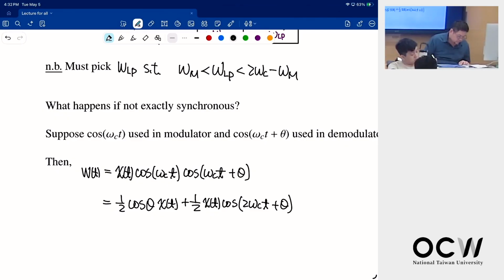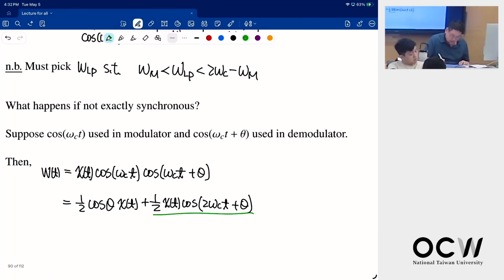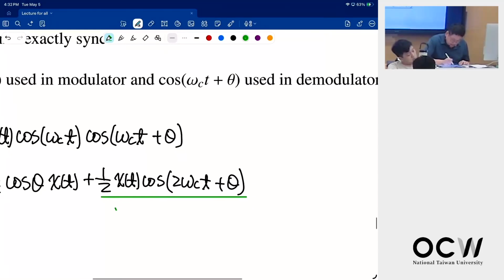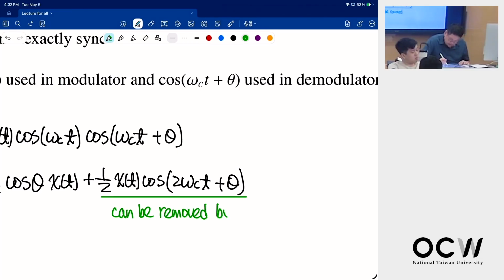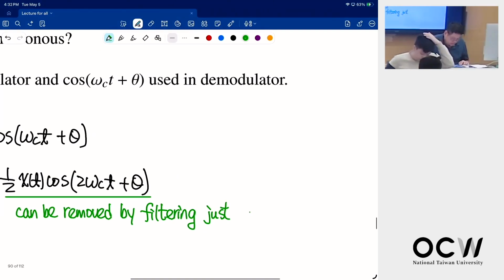For this part, we can remove it by filtering, just as before.